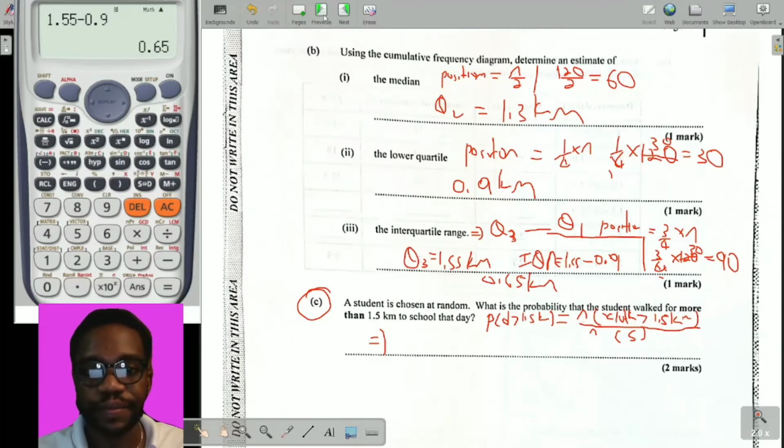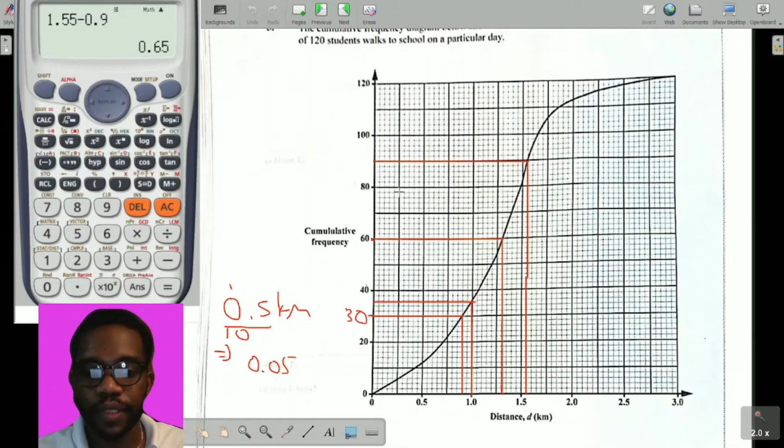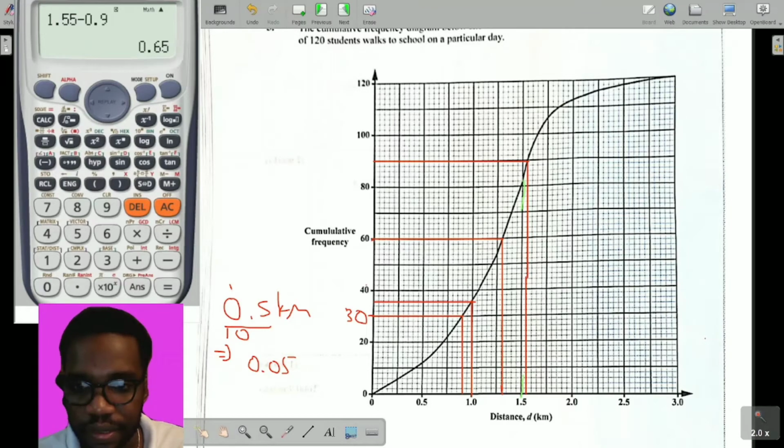Let's go back to the graph. Let's find 1.5 kilometers on the graph. If I find 1.5 kilometers, it's going to go up. So here's a line, we go up on that line. I'm just going to use freehand so we can get it done quickly. Here's 1.5 kilometers. Alright, so we'll go up on this bold line here, we can't miss it. And we'll get to this point right here.